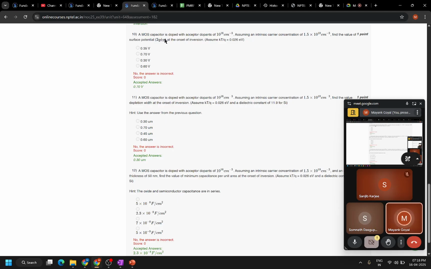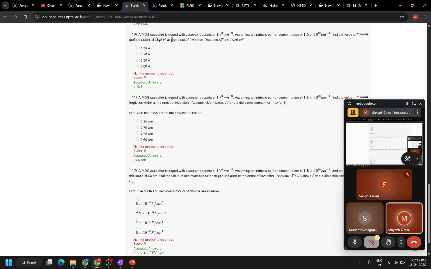It is true that it's called strong inversion, but actually there is no such thing as weak inversion and strong inversion as separate regions. We call it weak inversion because that is the part in the depletion region before your threshold. The inversion that you call is strong inversion only.